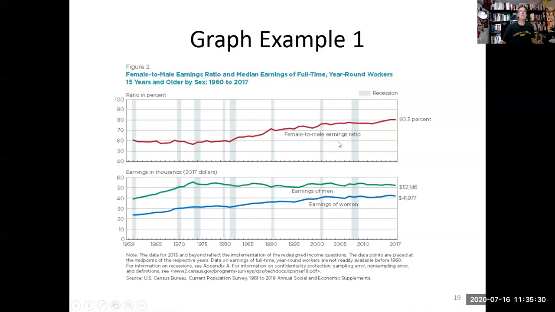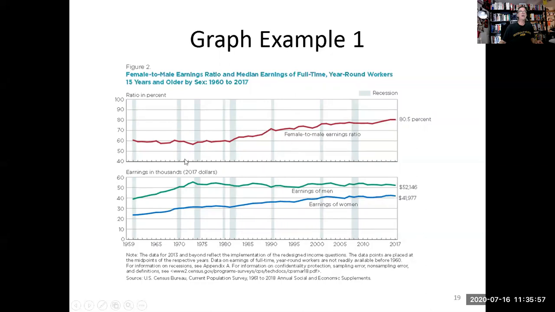These blue marks show the recession. Now here it's just split. If you get your calculator out, you'll see that this number is 80.5% of that one. So there was a bigger gap back here and it began to narrow, and it hasn't really changed all that much since the late 90s. A little bit.